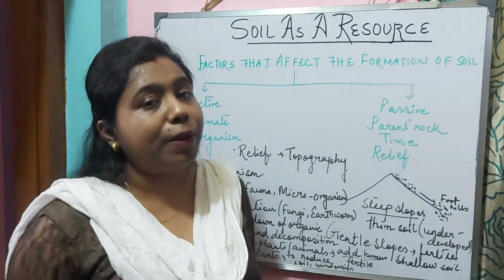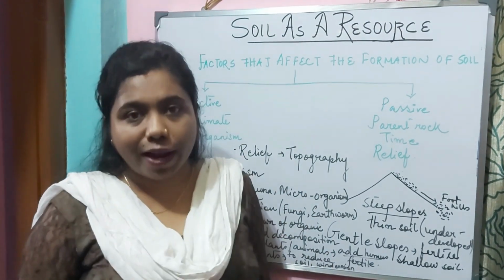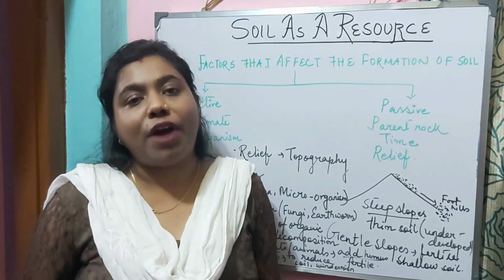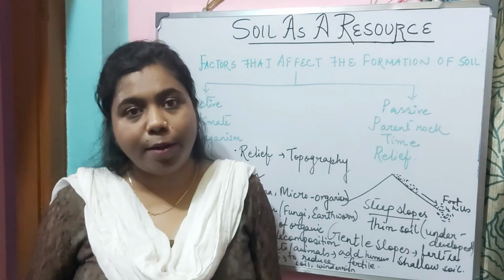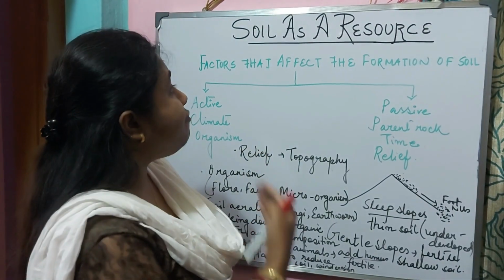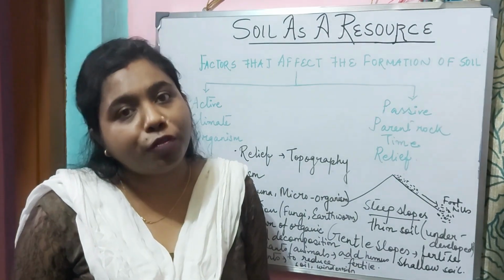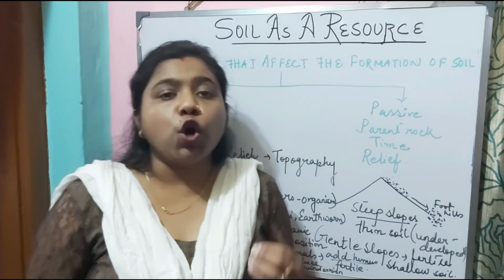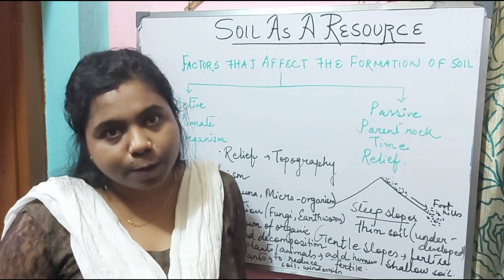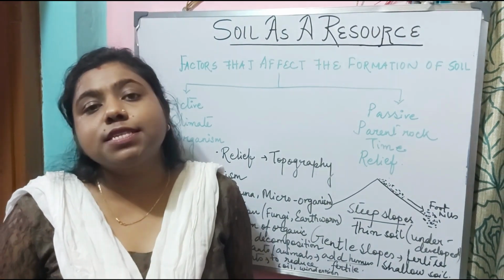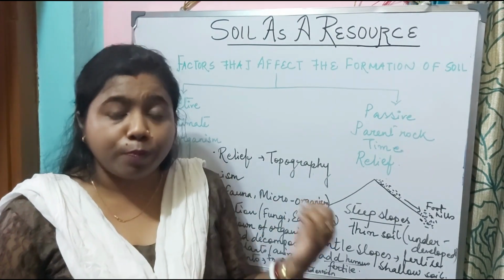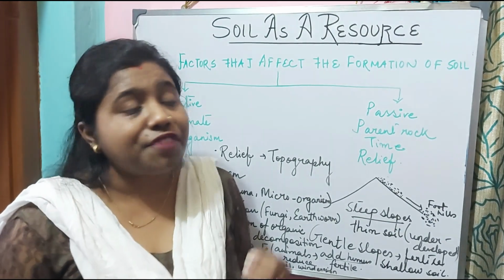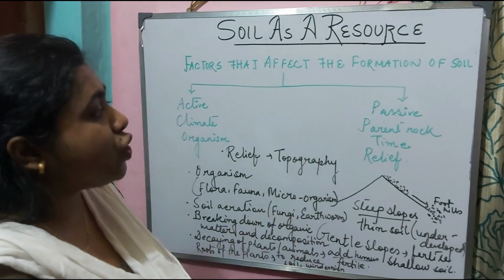I hope you people understood the definition of soil, how soil is formed, what is soil profile and different soil profile, and also the factors that affect the soil profile. So I hope you all understood the concept of soil as a resource, how the soil is formed, the layers of soil, or we can say the soil profile, and the factors that affect the formation of soil.